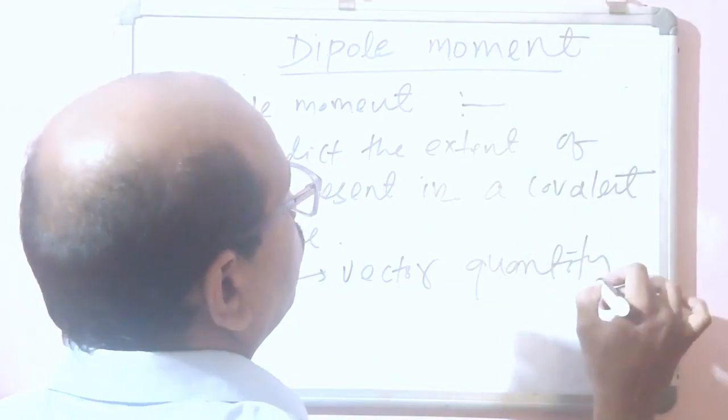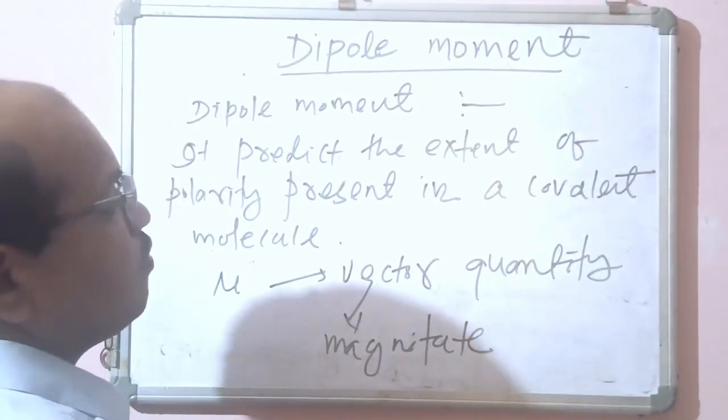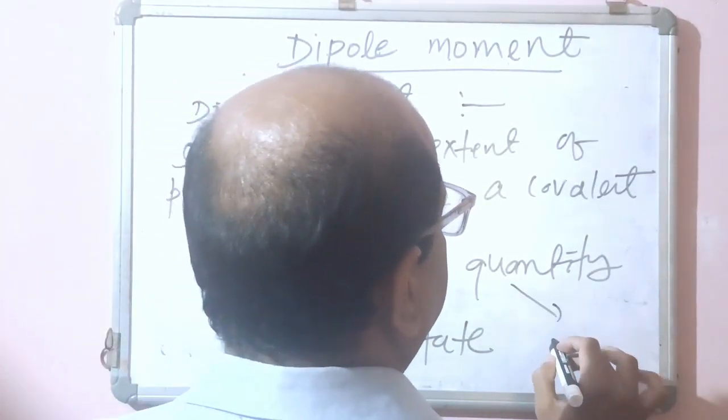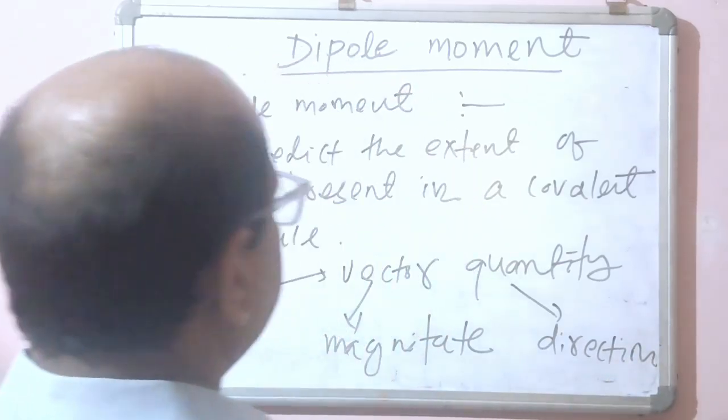That means it has both magnitude as well as direction, like we study in physics, a vector quantity, magnitude as well as direction.